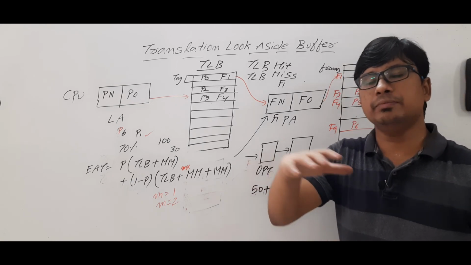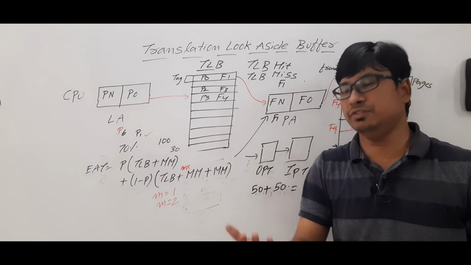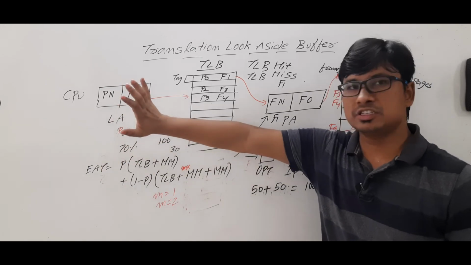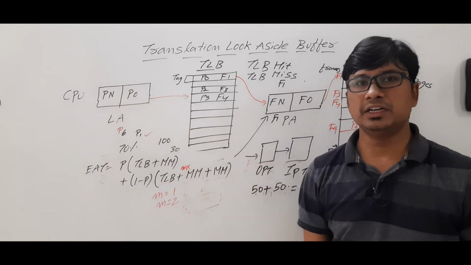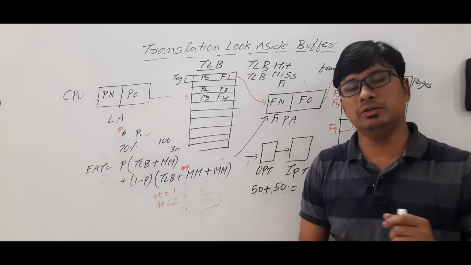The total time taken for servicing the page fault, we call the page fault service time. Here I am assuming that there is no page fault, so whatever the CPU is searching for is available in the main memory. Is it clear?